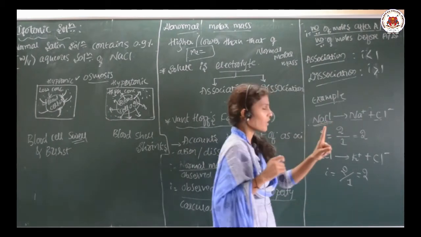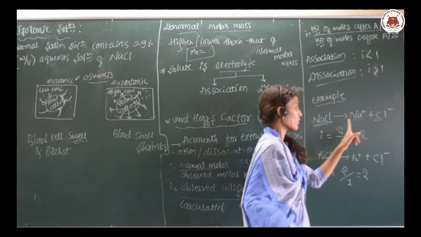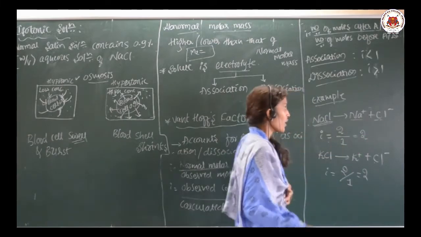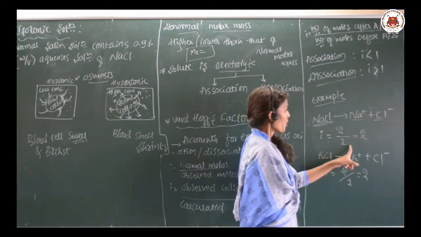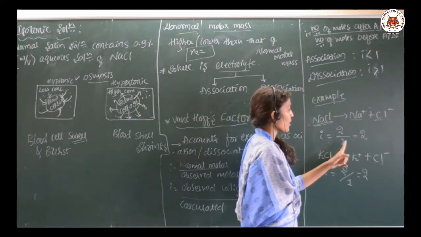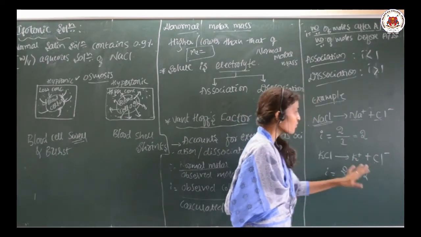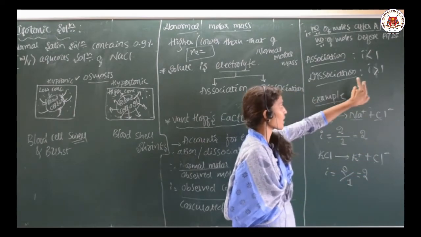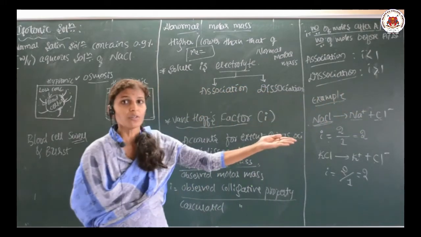One molecule of NaCl dissociates into two ions. The number of moles after dissociation is 2, divided by 1 before, so 2 divided by 1 is 2. Similarly for KCl, 2 divided by 1 is 2, which is greater than 1, that is dissociation. Okay. A few more examples we are going to continue.